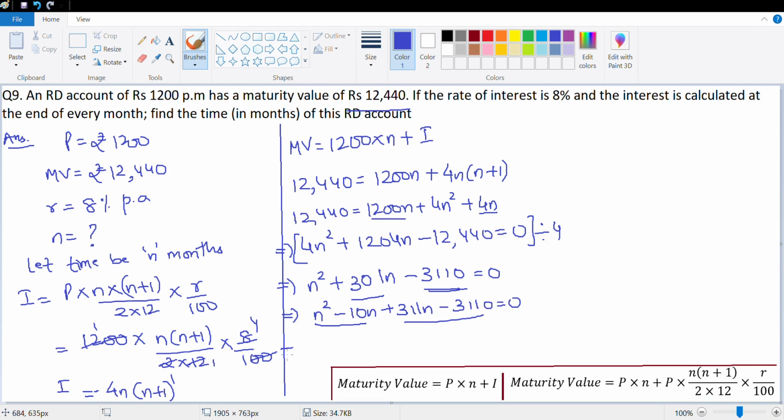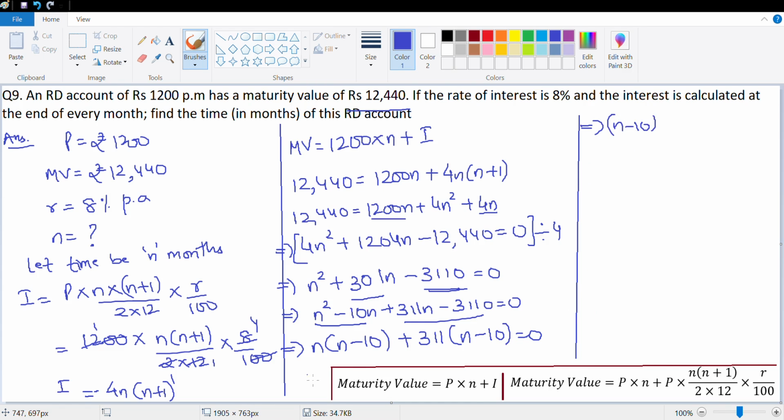Grouping it like this, the way I've underlined, n times n minus 10 plus 311 times n minus 10 is equal to 0, which means n minus 10 is common in both these terms.